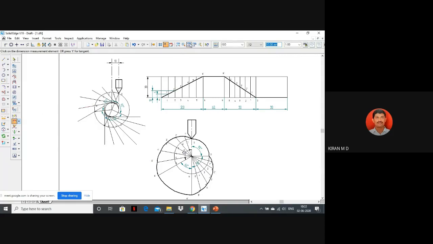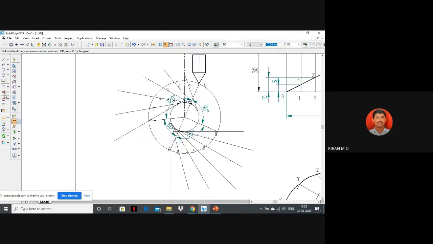Okay. So now I'll take arc by center point here for this one. Arc radius is 5. Cut an arc. Then from this is the center. Cut an arc.